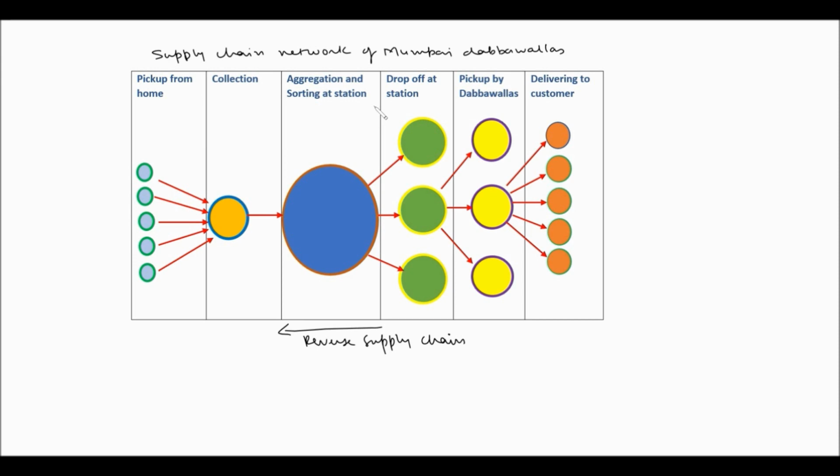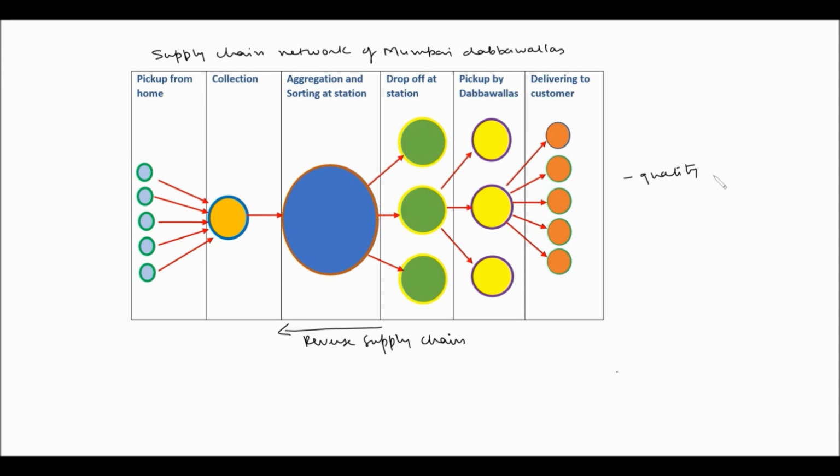So, though the supply chain of this service is very complex, the Dabbawalas have achieved 6 Sigma quality in delivery. Quality is one of the key aspects where they have achieved 6 Sigma.